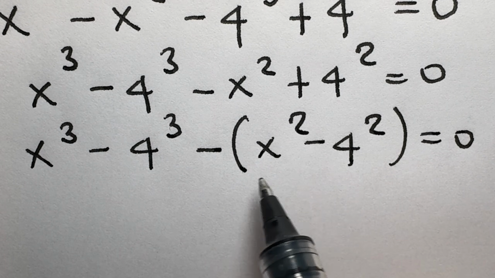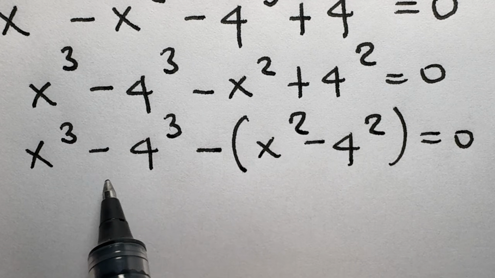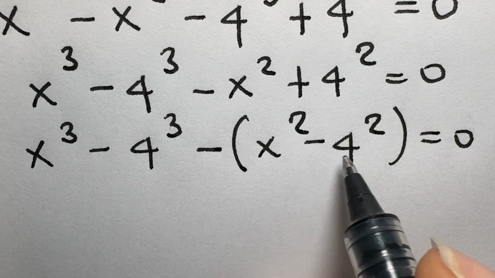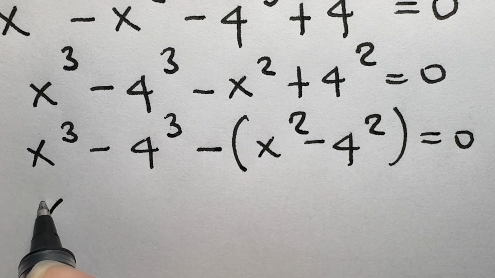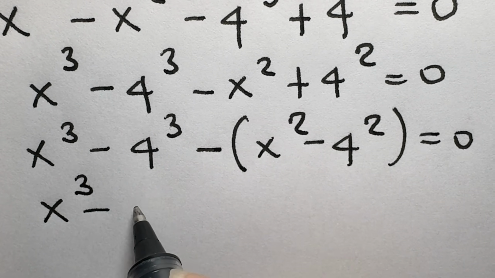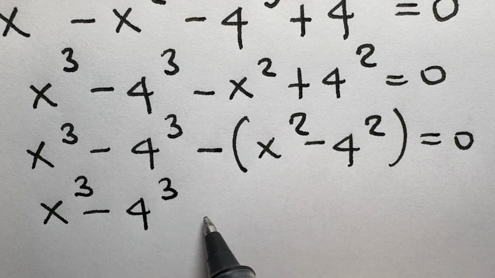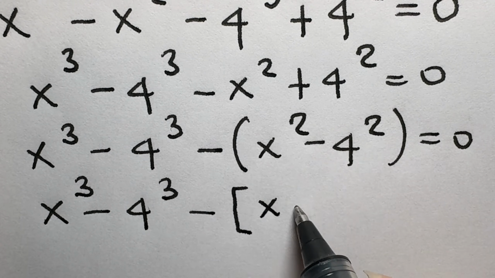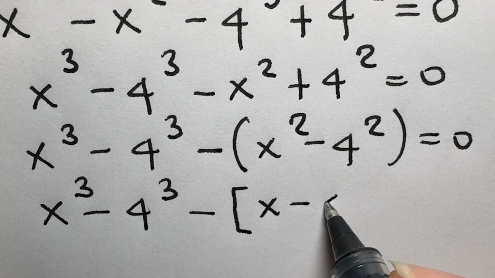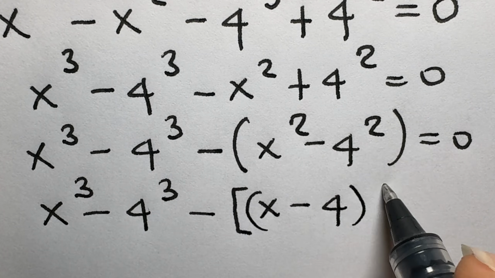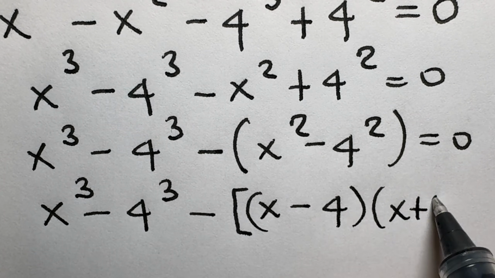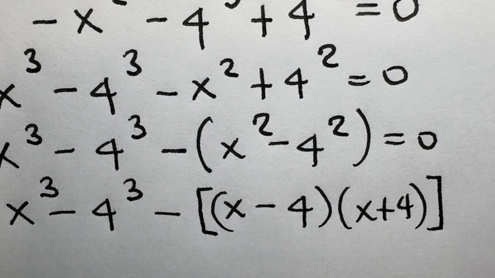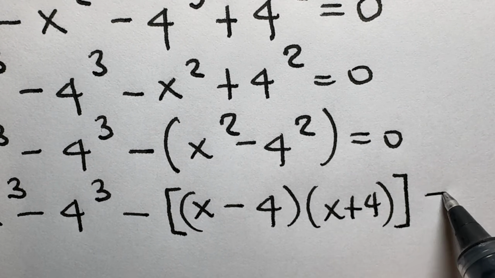This right here is difference of 2 squares, while this is difference of 2 cubes. Let's factorize this. X raised to power 3 minus 4 raised to power 3 minus, this will give us x minus 4 times x plus 4 equal to 0.